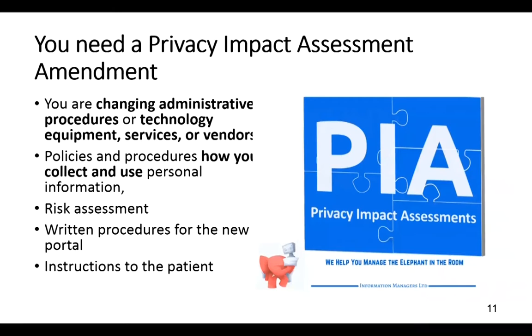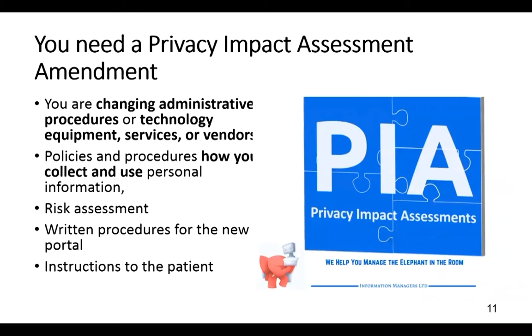You need to make sure that you have appropriate policies and procedures about how you're going to collect and use personal information as part of the patient portal project. You need to do a risk assessment. What are the risks to the clinic and to the patient about how you're using this technology? And then make a determination about whether or not this is the right project for you to do.